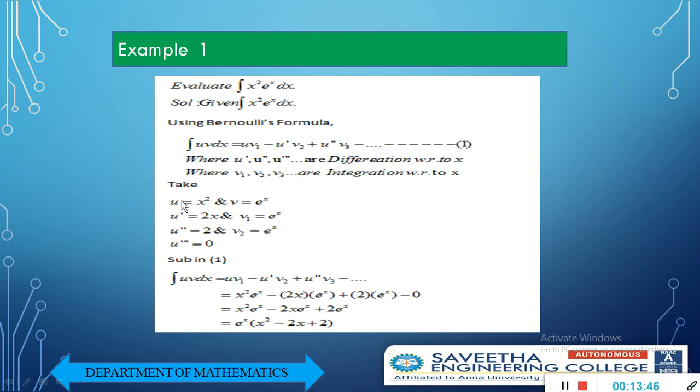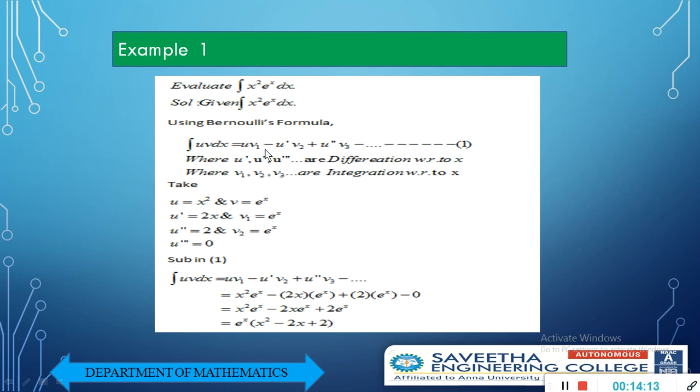Now take u equal to x square, v equal to e power x. First derivative u' is 2x. Second derivative is 2. Third derivative is 0. What is v1? Integration of e power x is e power x. v2 is again e power x, and v3 is again e power x.